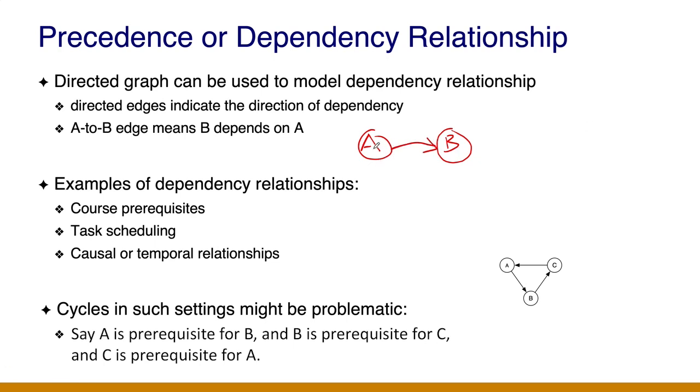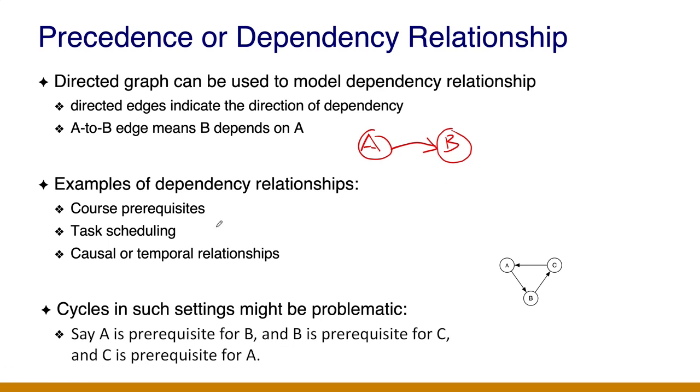Then what we can interpret out of this particular relationship is that from B's perspective, A is leading into B. So we can say that B depends on A, because if you view individual vertices as tasks, it's as if you have to finish task A before you move on to task B. So this is a form of dependency.